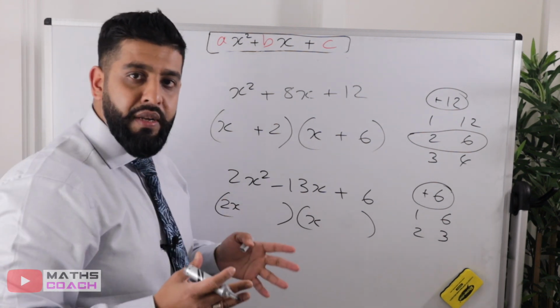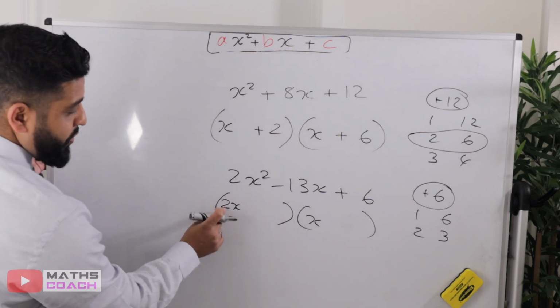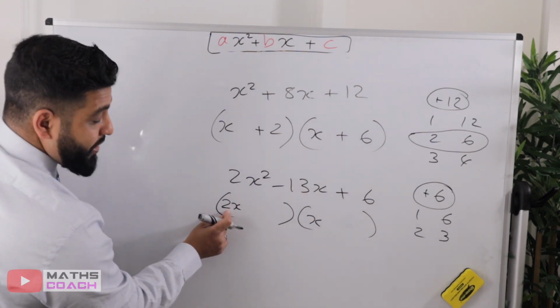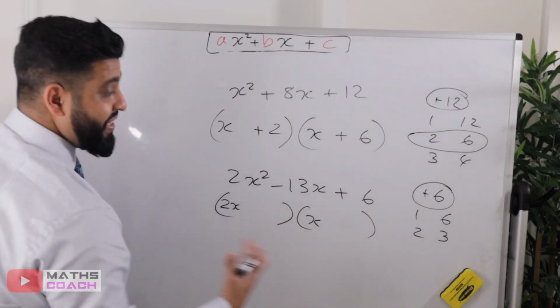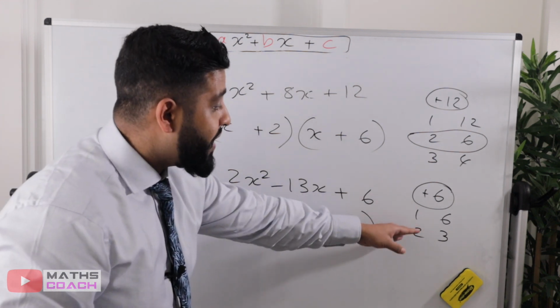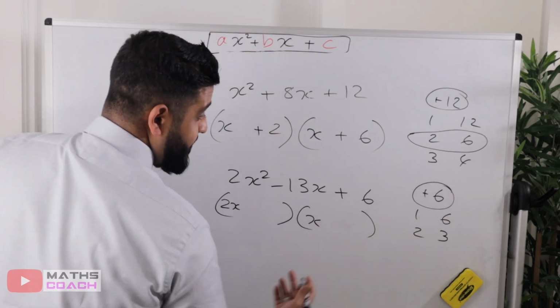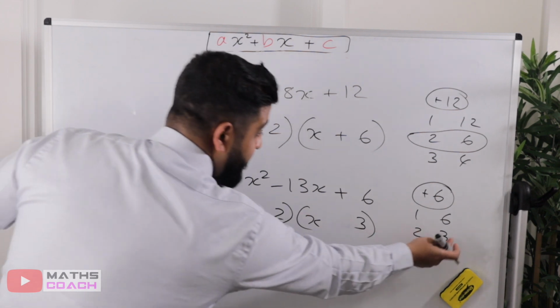You might seem as though you're in a bit of a pickle here, but you're not, because of this 2. You see that 2, when it multiplies with whatever is here, is going to double it. Out of these pairs, this is where I was saying a lot of this is done in your head, because you're going to trial and error these values. Let's start with, say, the 3. I'm going to put 3 in here and the 2 in here. I'm choosing this pair.